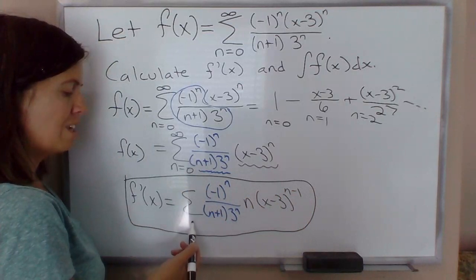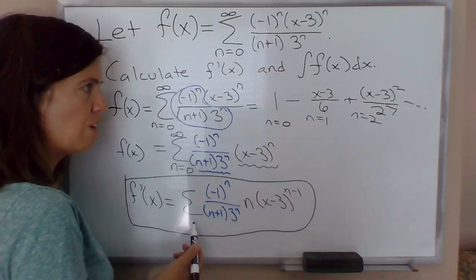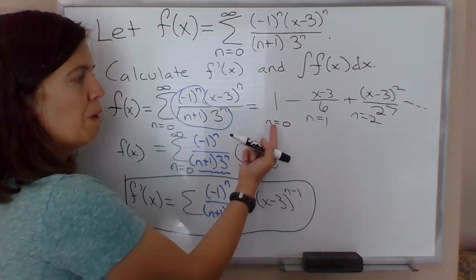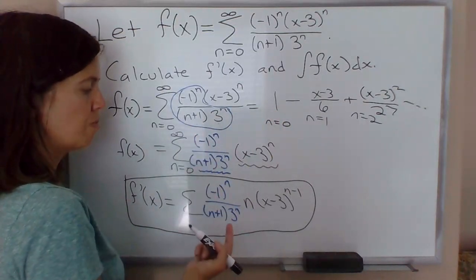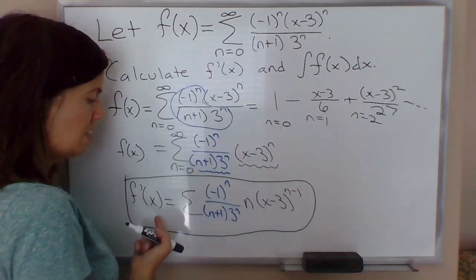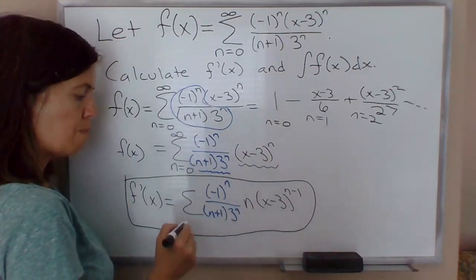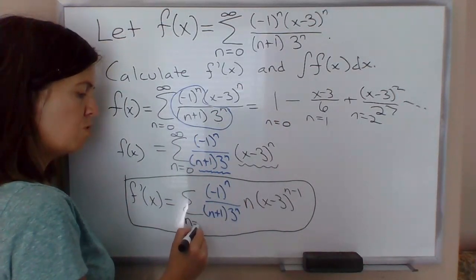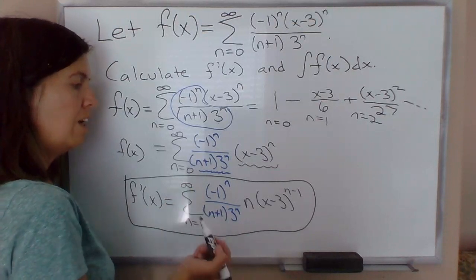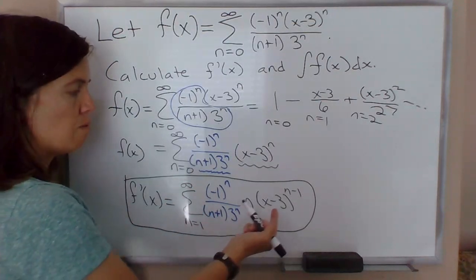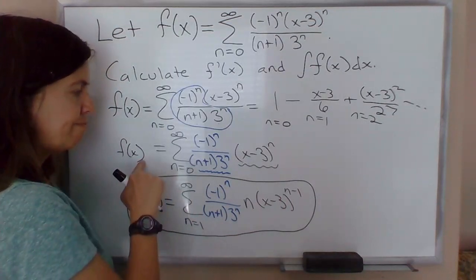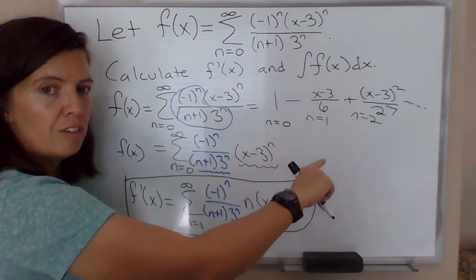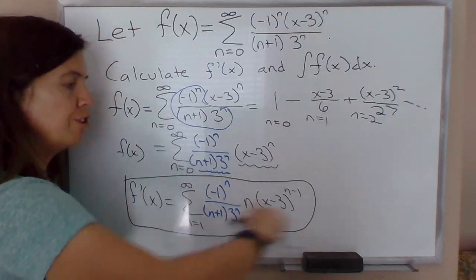Now one thing, I've skipped finding the starting value. So keep in mind, when n equals 0, in this series, that's just giving me a constant term. And so when I take the derivative, that constant term is going to drop out. And so now this sum should start at 1 to infinity. Another giveaway for that in this problem is the n minus 1 power here. So the derivative, if the function f is essentially this infinite polynomial, then the derivative should also be a polynomial.